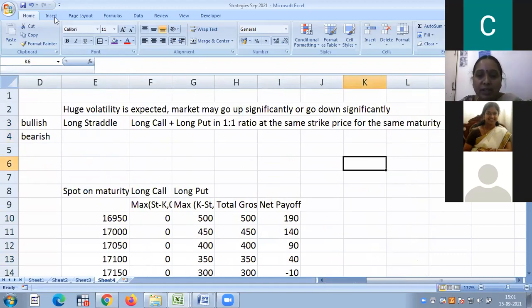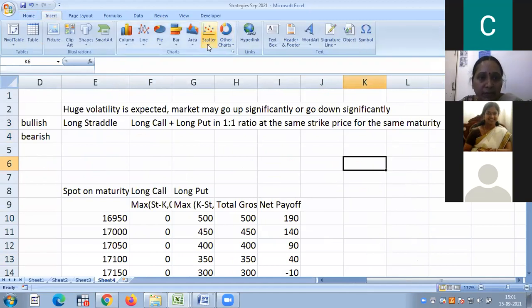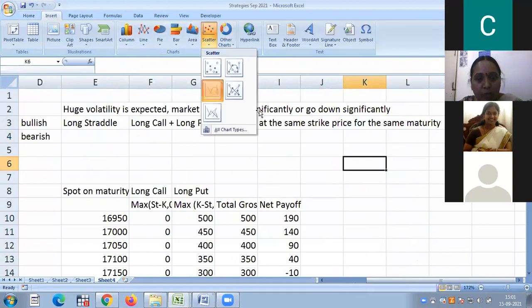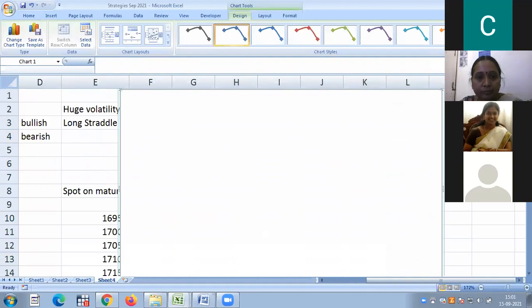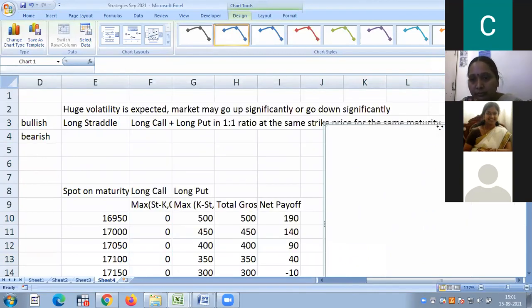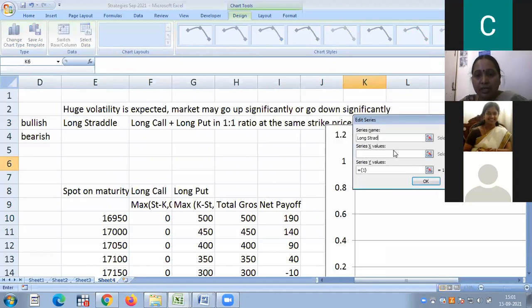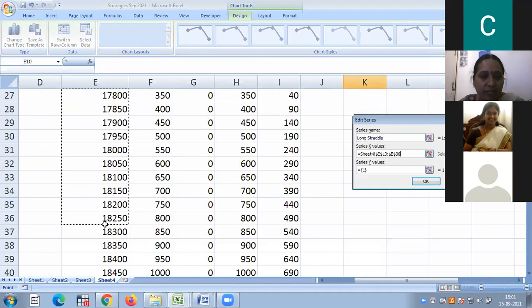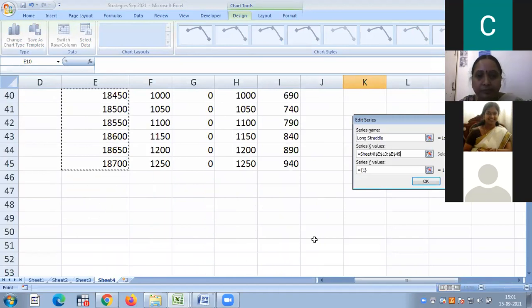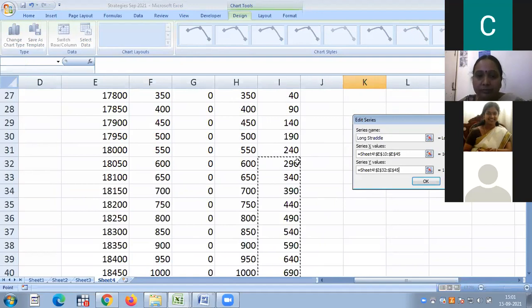We'll try to see this in a diagram now, and maybe the interpretation part we will do tomorrow. This is called long straddle, spot price at maturity on the x-axis, and on the y-axis I'm taking net payoff.